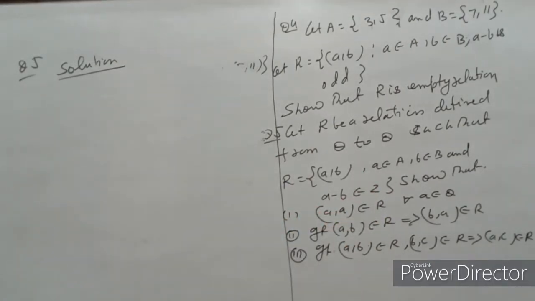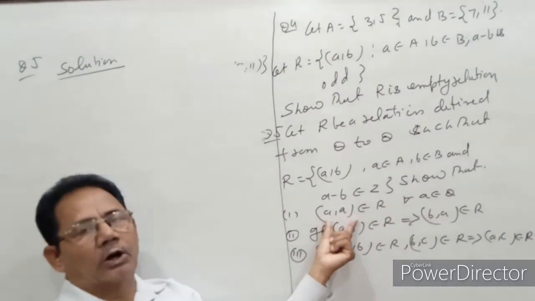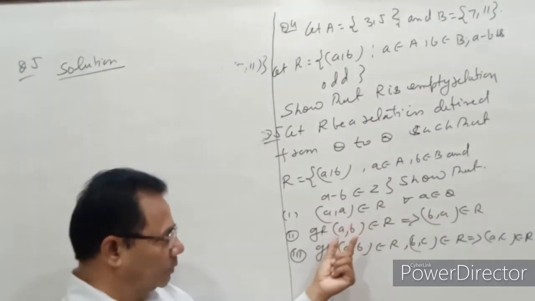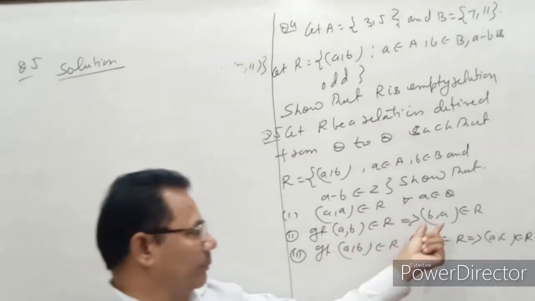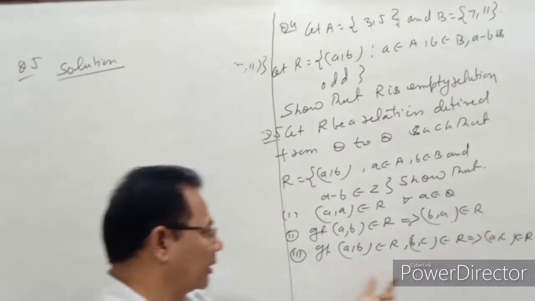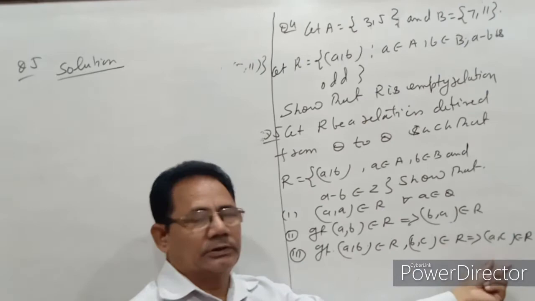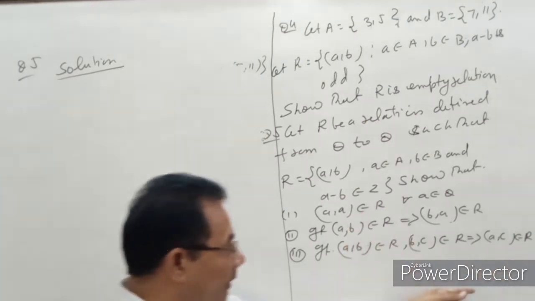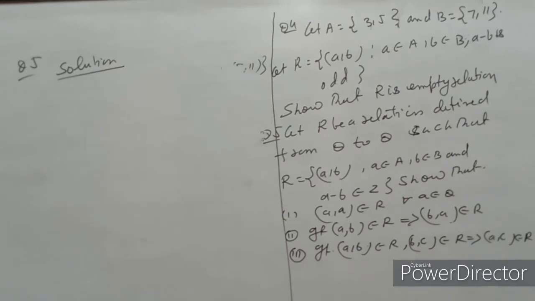Then show that for every a belonging to Q, the ordered pair (a, a) belongs to R. Also, if (a, b) belongs to R, this implies (b, a) belongs to R. If (a, b) belongs to R and (b, c) belongs to R, this implies that it is compulsory the ordered pair (a, c) also belongs to R.